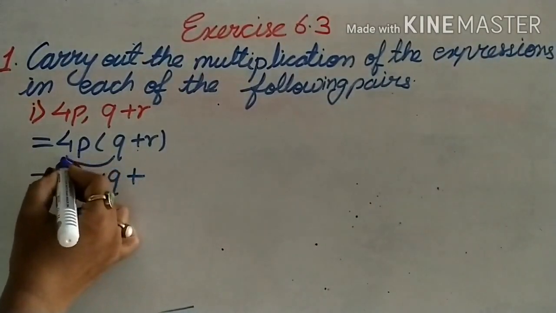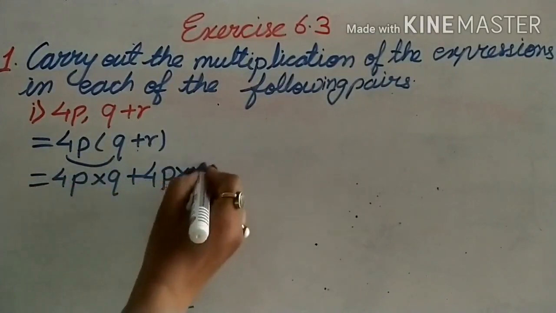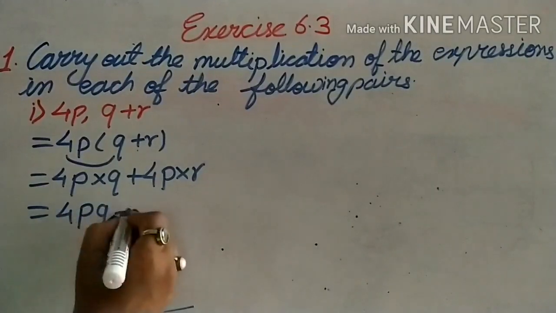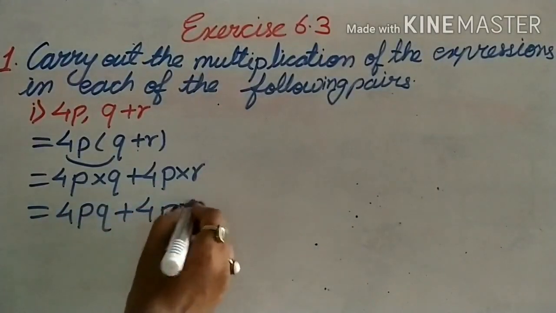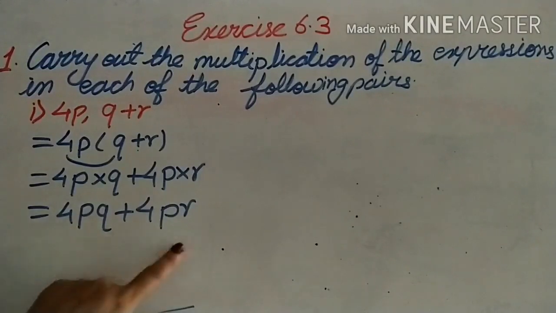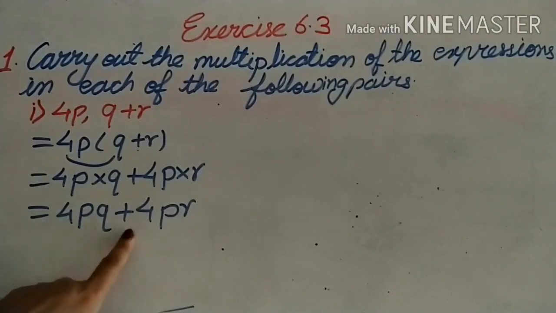Next we have to multiply this 4p to this r, 4p into r, is equal to 4pq plus 4pr. Now further you cannot add these terms because both are unlike terms. Addition and subtraction is possible only and only with like terms. So the answer is 4pq plus 4pr.